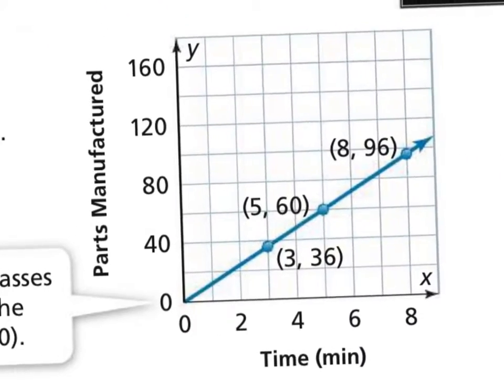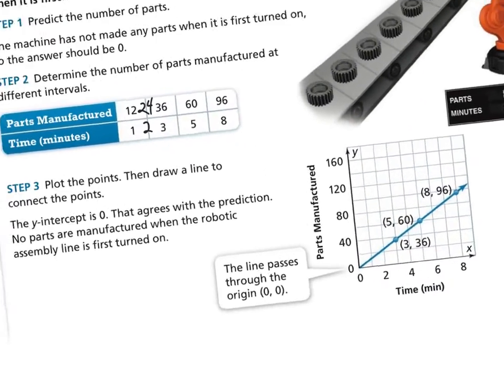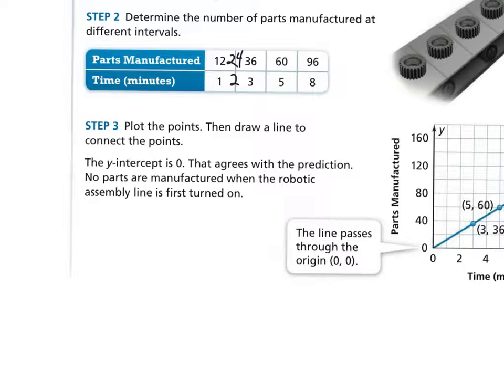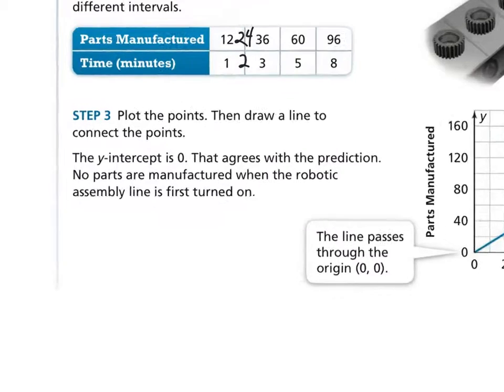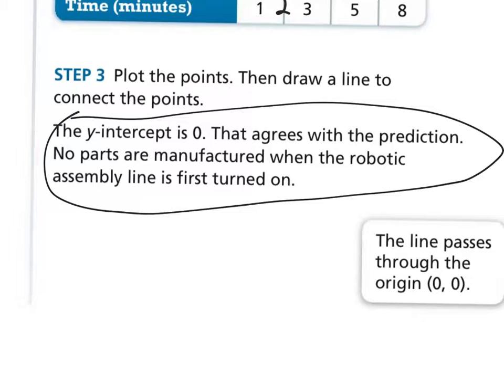And when you graph those points, the graph goes through (0, 0). And so that goes with what our initial prediction is. So the y-intercept is 0, and so no parts were manufactured when the line is first turned on. Again, a little bit of common sense on that one maybe. But understand the y-intercept can be 0. If it's proportional, your y-intercept will be 0.